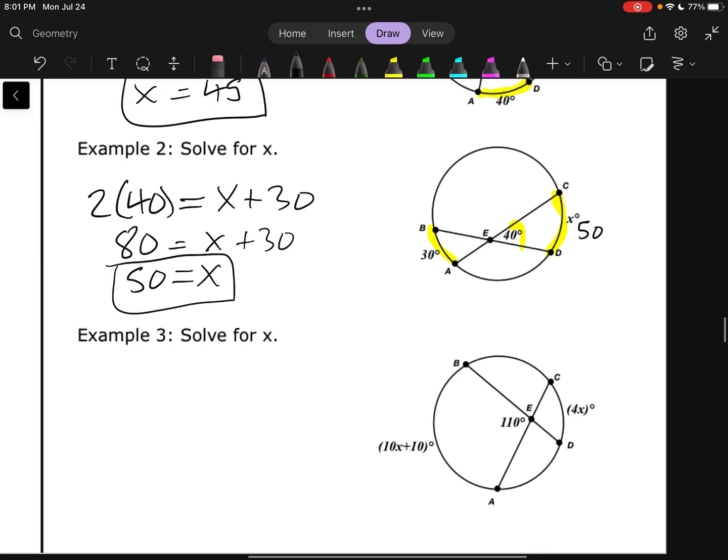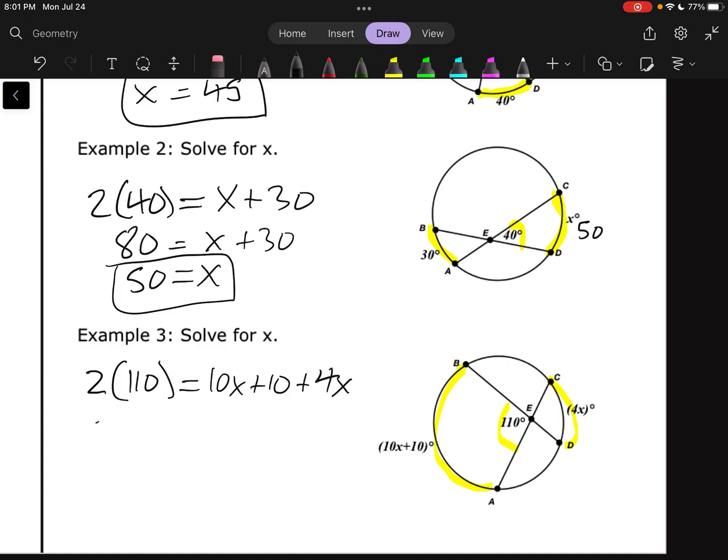Example 3, we've got our angle here. It's intercepting these two arcs. So I'm going to set it up with the 2 times angle version. So 2 times 110 is equal to 10x plus 10 plus 4x.